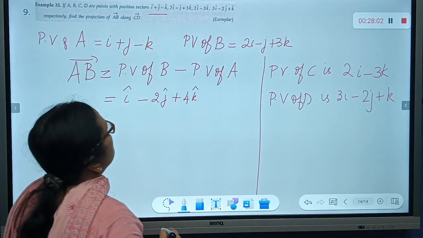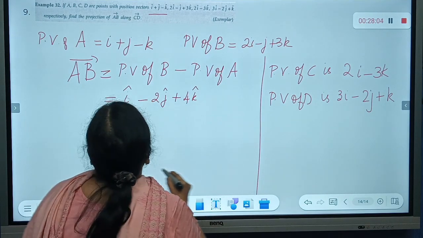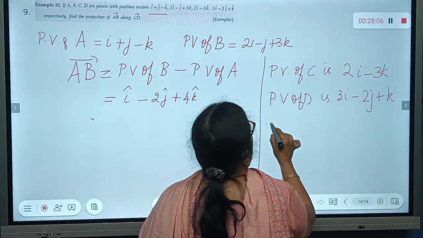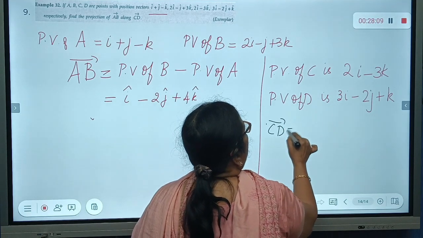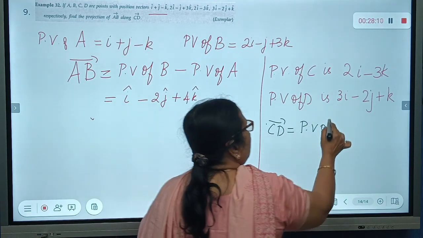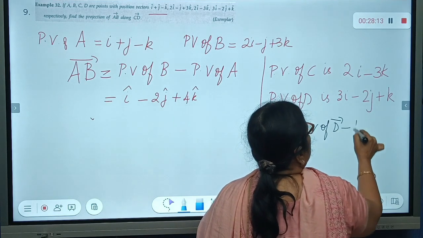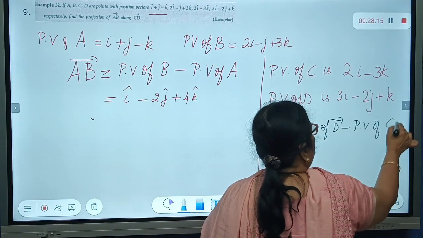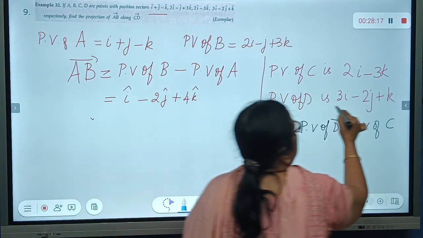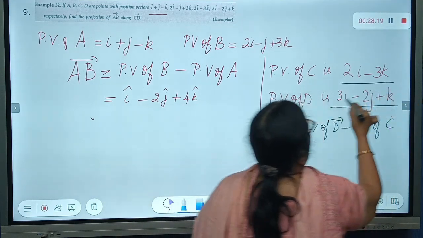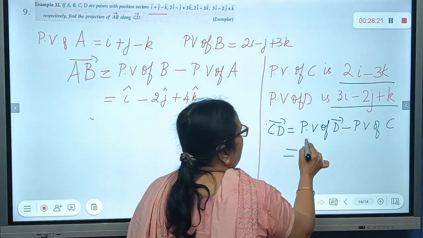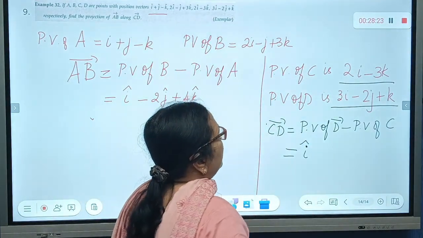This is AB vector. Now what will be CD vector? CD vector will be position vector of D minus position vector of C. This is D and this is your C. So 3i minus 2i will be i, right?